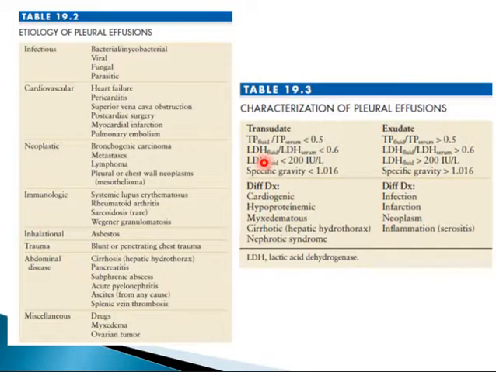The same applies to LDH, where exudate is more than half; you should take 0.6 as a standard. The LDH level in the fluid is generally less than 200 international units per liter in transudate, while it's more than 200 international units per liter in exudative effusion.